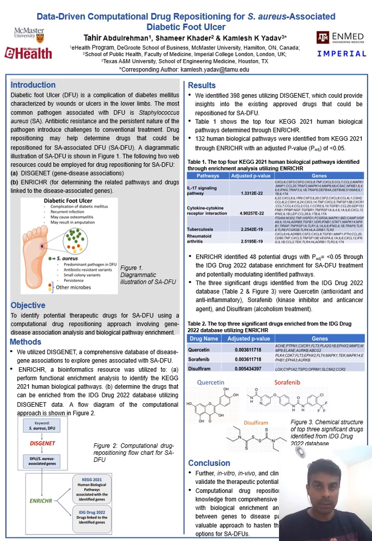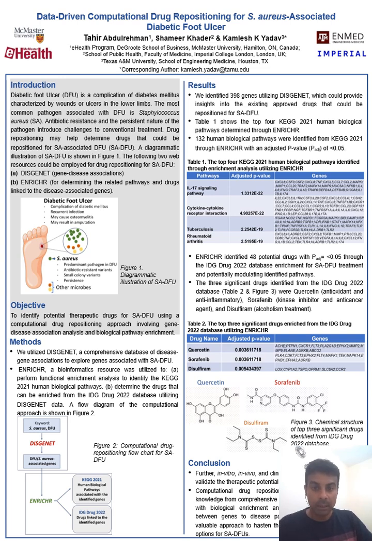The enrichment analysis of the KEGG 2021 human biological pathway database helped us to identify 132 pathways with an adjusted p-value of less than 0.05. These human biological pathways give insight into the pathways that could be modulated for drug repurposing approaches.